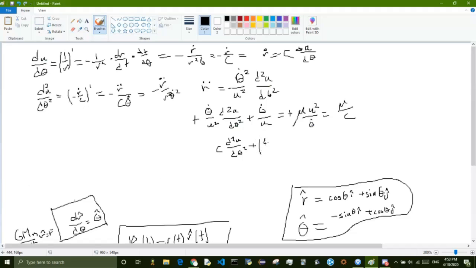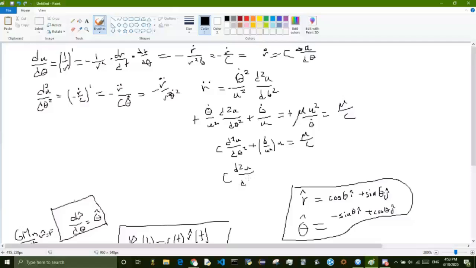So we have theta dot over u squared times u equals mu over c, right? Theta dot over u squared, well, u squared is simply 1 over r squared. So the compound fraction reduces to r squared theta dot. That's simply c. And we're nearing the conclusion.